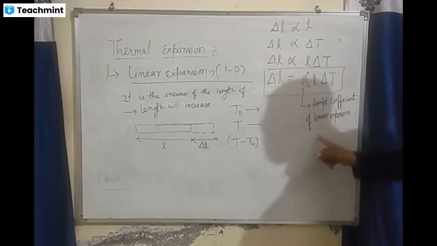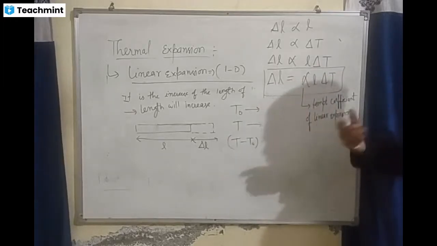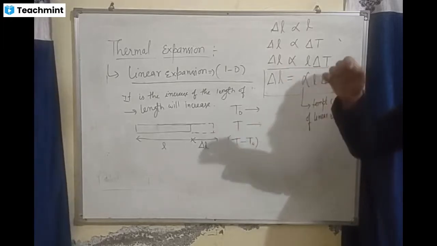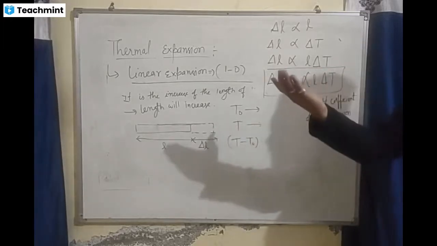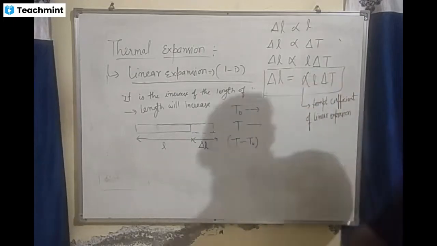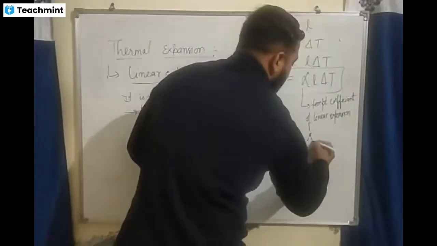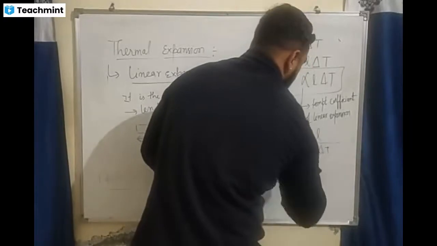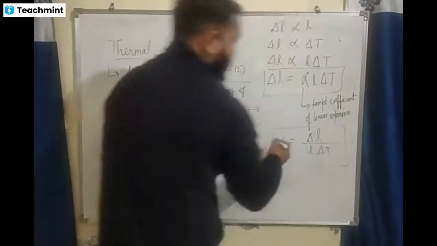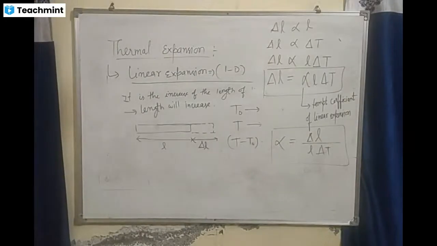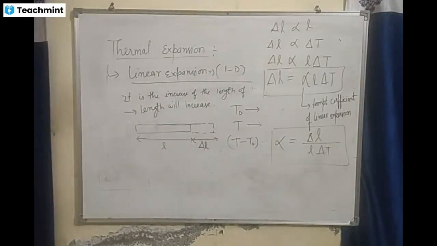If the value of alpha is large, it tells us that the body has a large expanding property. If you want to find alpha from here, alpha becomes delta L upon L into delta T. So this is known as the temperature coefficient of linear expansion, and it is denoted by alpha. Note it down.